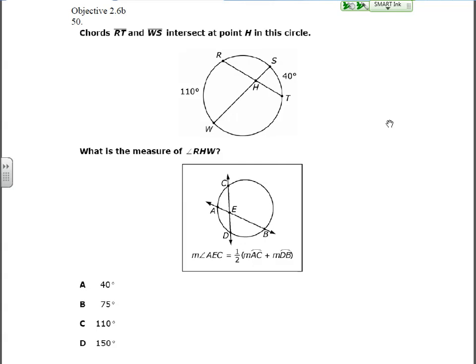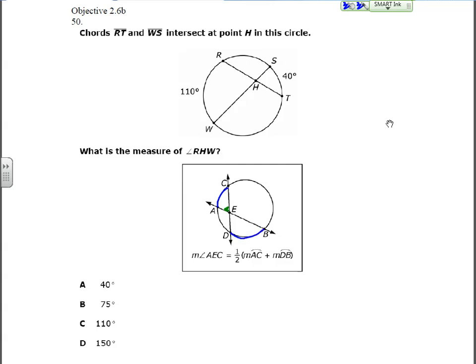So what is the relationship here? We're looking for, it says here, the measure of angle AEC. So this angle here, AEC, is equal to half the measure of arc AC plus the measure of arc DB. AC is here, DB is here.